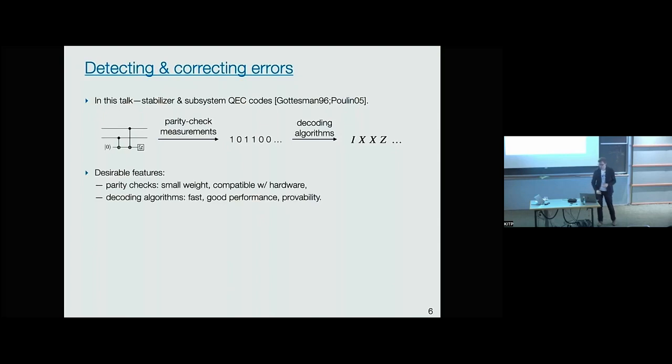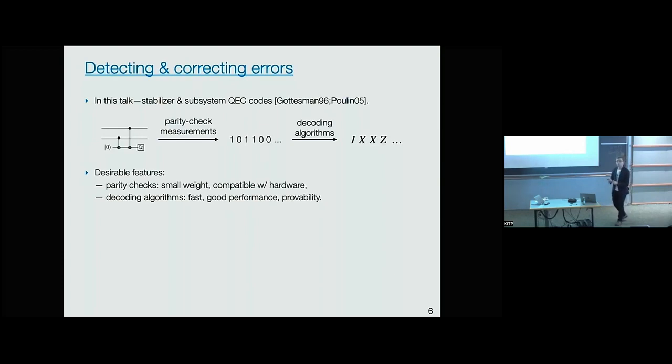So in this process of detecting and figuring out what to do, there are certain desirable features that we want to have. First, as I already alluded to in a previous slide, our parity checks better be small, and we also need to know how to implement those parity checks with quantum circuits that are available in our hardware.